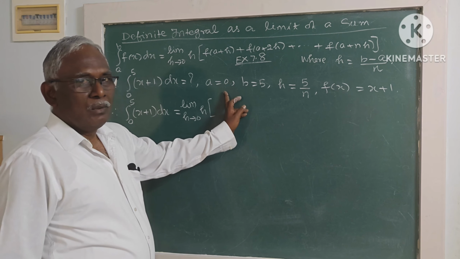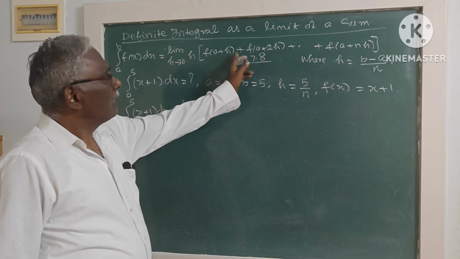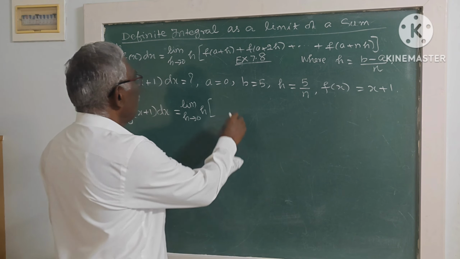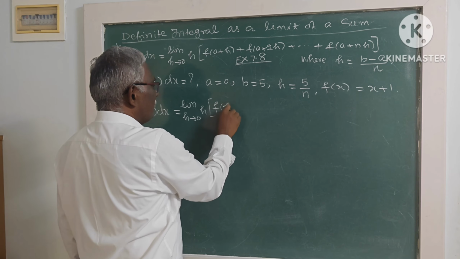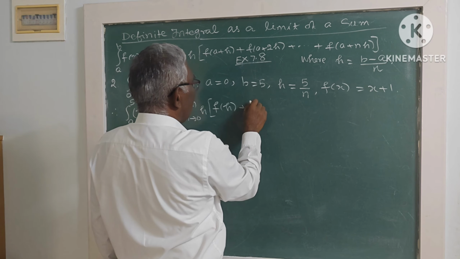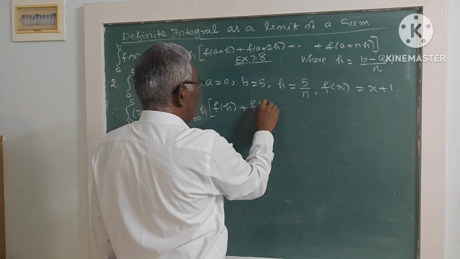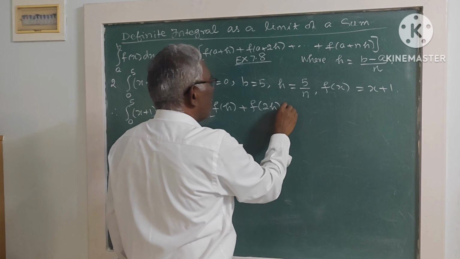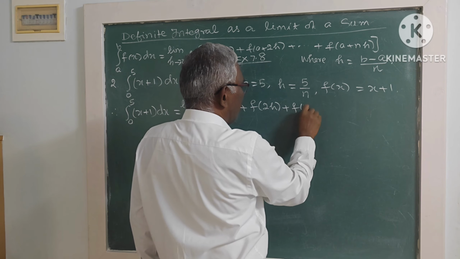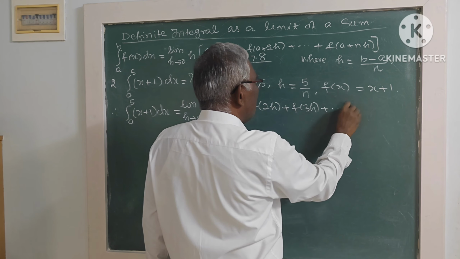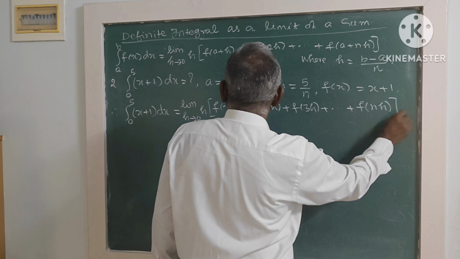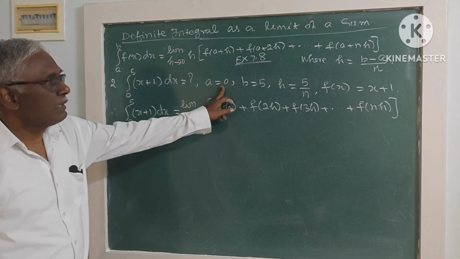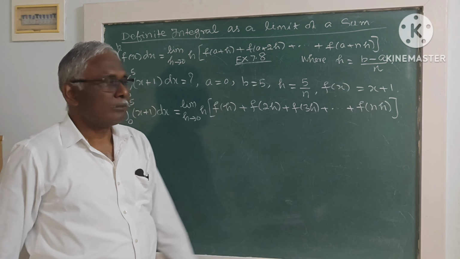A is 0, so wherever a is there, put 0. So it will become f of h plus f of 2h plus f of 3h plus etc. f of nh, because a is 0.